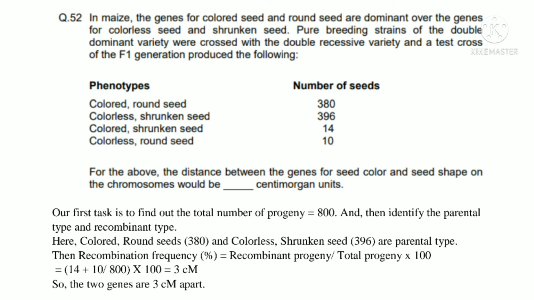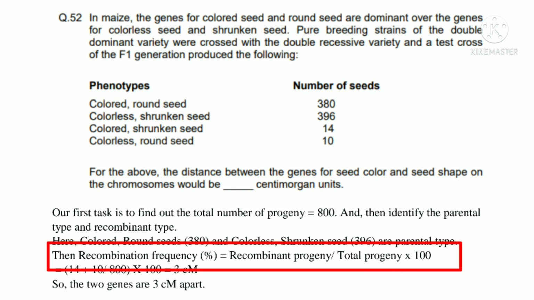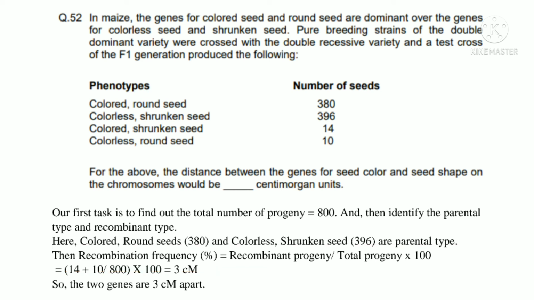To solve this type of problem, our first task is to find out the total number of progeny, that is 800, and then identify the parental type and recombinant type. Here colored round seeds, that is 380, and colorless shrunken seeds, 396, are parental type. Then we will find out the recombination frequency using this equation. So the distance between the two genes is 3 centimorgan.